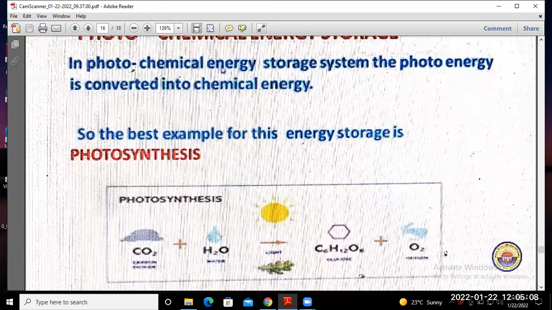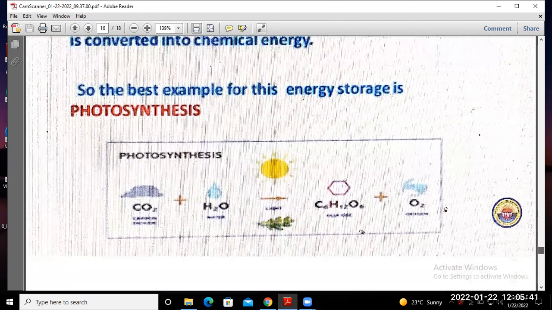In the presence of sunlight, they make C6H12O4, and this is the photosynthesis process between water and carbon dioxide in the presence of sunlight, and it makes oxygen.